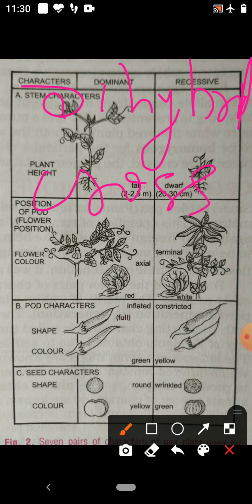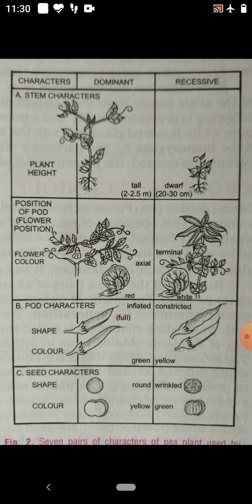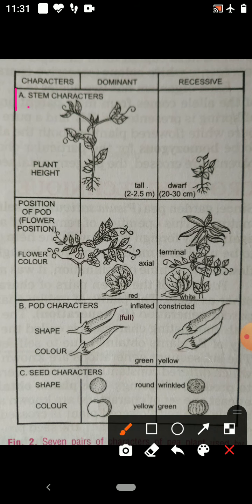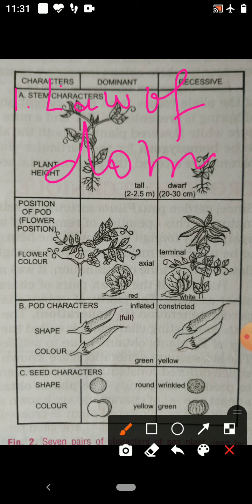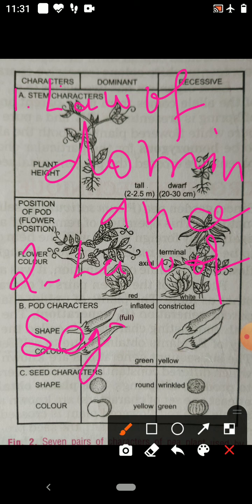So these are the experiments conducted by Gregor John Mendel. On the basis of these experiments, Gregor John Mendel formulated three laws, called Mendel's laws of inheritance. The three laws are: first, law of dominance. Second is law of segregation, also known as law of purity of gametes.